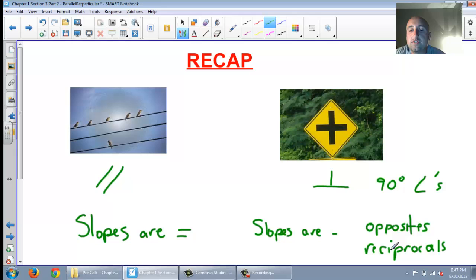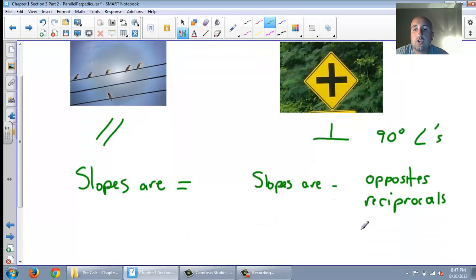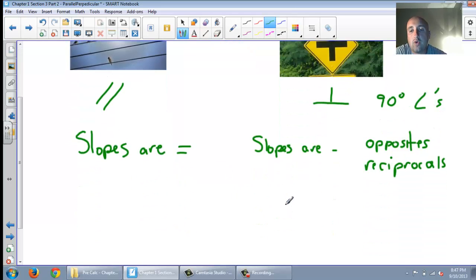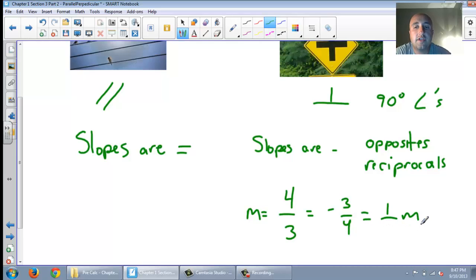So please remember, if your original slope is 4/3, our perpendicular slope is negative 3/4. You have to take the reciprocal and do the opposite sign. That will help us answer a lot of the questions in this section.